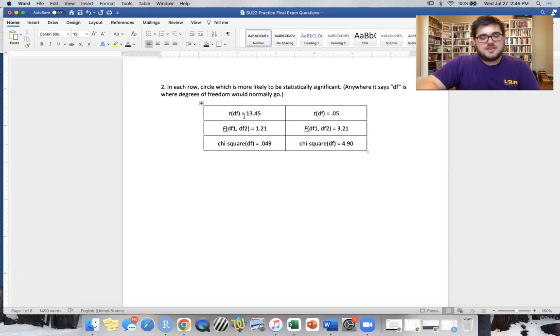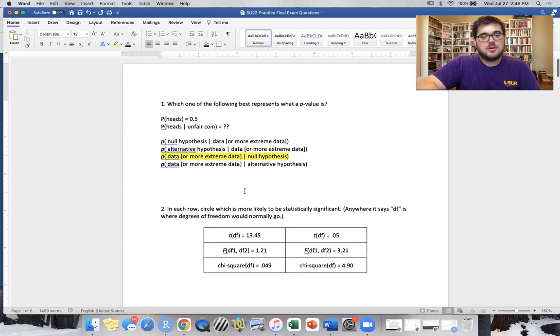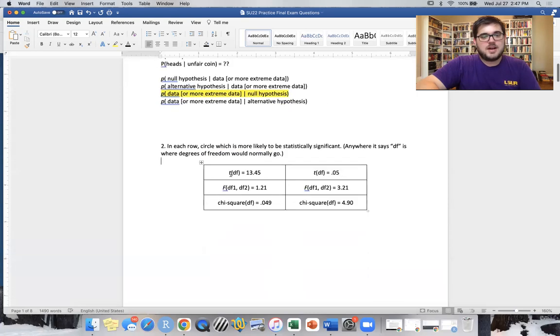The higher the t-value, the less likely you are to observe a t-value that high when you assume the null hypothesis is true. So this t-value on the left would actually have a lower probability and hence be more likely to be statistically significant, because the p-value is the probability of observing your data when you assume the null is true. And the higher your test statistic is, the less likely your data are when you assume the null hypothesis is true.